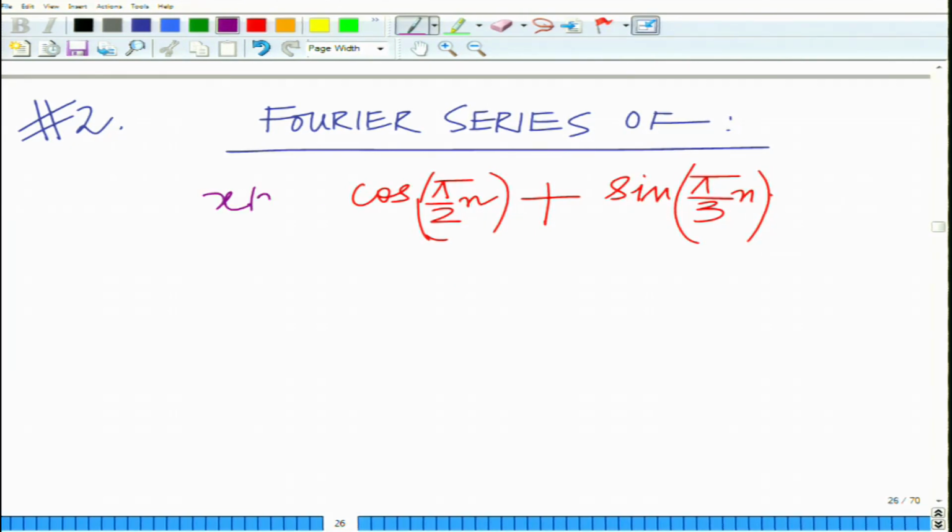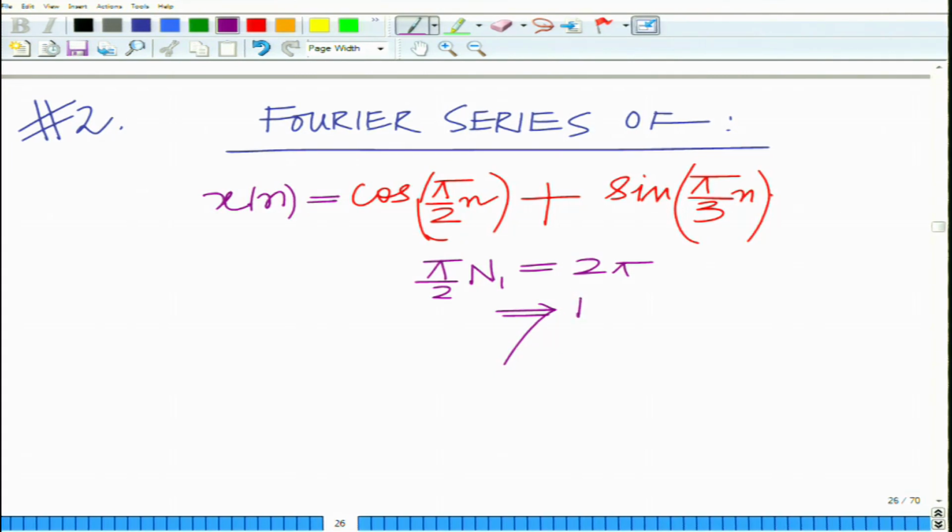So, this is your x n, and if you look at cosine pi by 2 n, the period of this can be found as follows: pi by 2 into n1, let us call this n1, equals 2 pi, because cosine x is cosine x plus 2 pi.